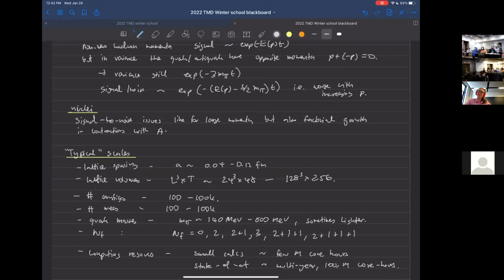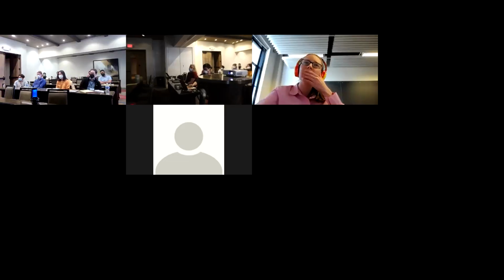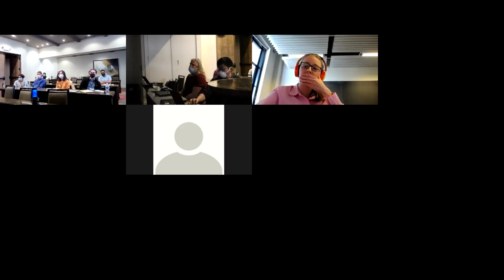Very quick. When you look at the lattice volumes, when you have lattice volumes, you put 128 cubed by something cubed. Are those representing actual sites, or should I divide that by the spacing a for the number of actual sites? No, so those were sites.